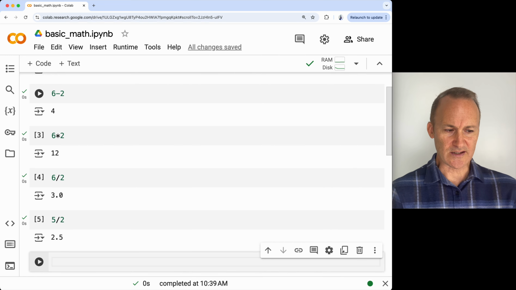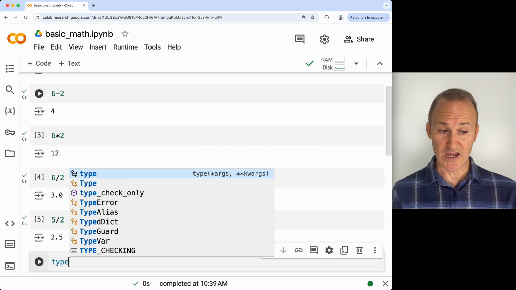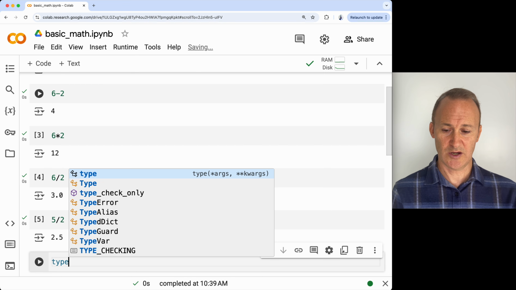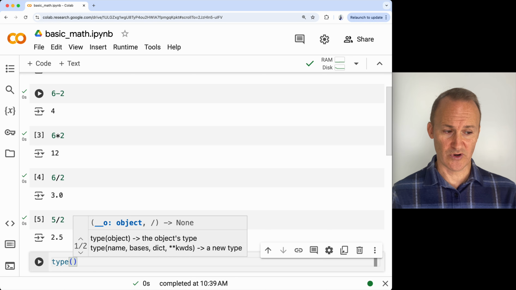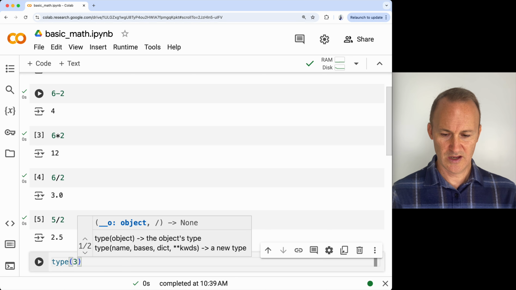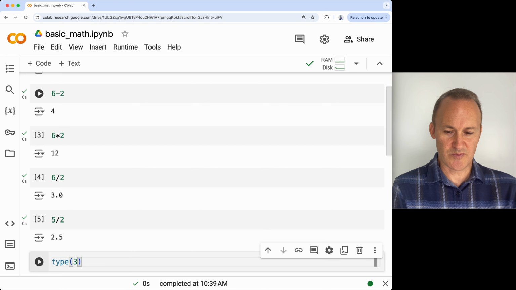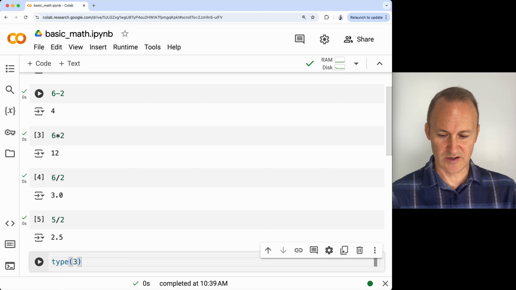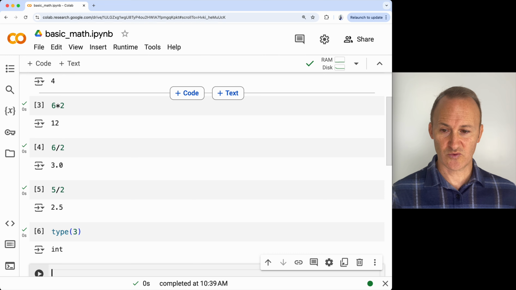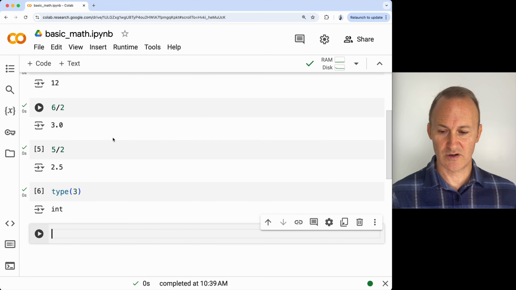So, what is a type? Well, you can find out by actually entering the word type. You can see it's color-coded. It's a keyword in Python, followed by a parentheses, and then inside, let's try the number 3, okay? And so what this is going to do is reveal to us the type of the value 3 in Python, and we get int, revealing that it is in fact an integer.